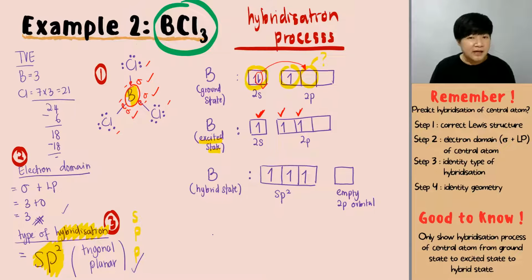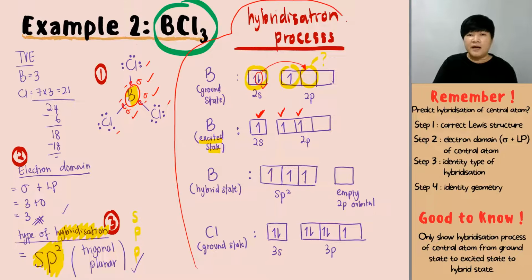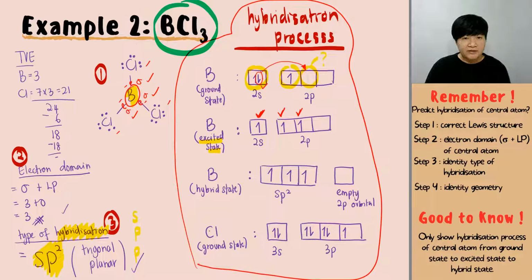How about the terminal atom? For the terminal atom chlorine, you only need the ground state. And the ground state valence electron for your chlorine is 3s2, and then 3p5. Put down 5 electrons in your 3p. And this right now is the complete hybridization process of your boron chloride, BCl3, having boron all the way from ground state, moving to the excited state.